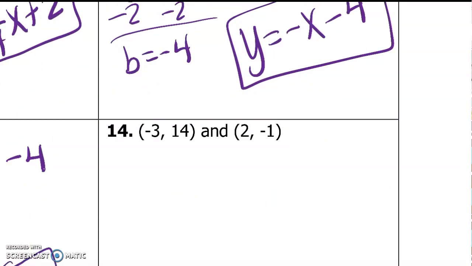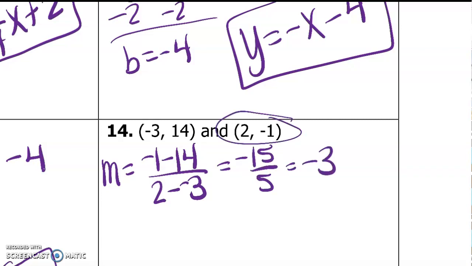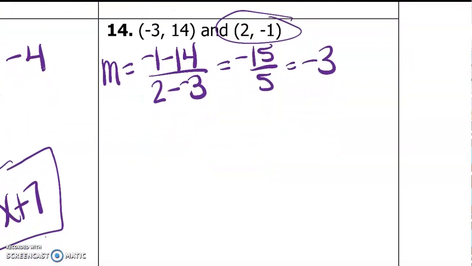And 14, m equals negative 1 minus 14 over 2 minus negative 3. Negative 15 over 5 gives us negative 3. I would pick the ordered pair 2, 1, since it's smaller numbers. Negative 1 equals negative 3 times 2 plus b.